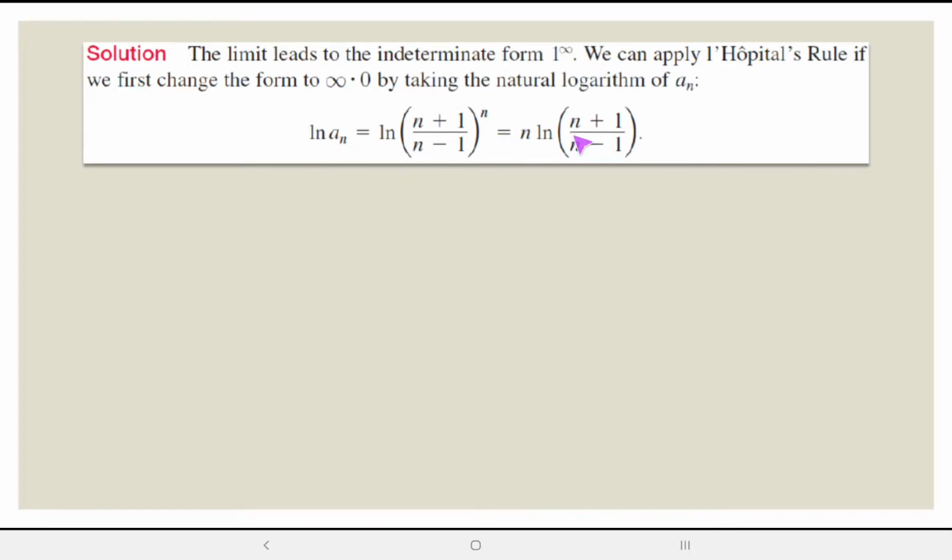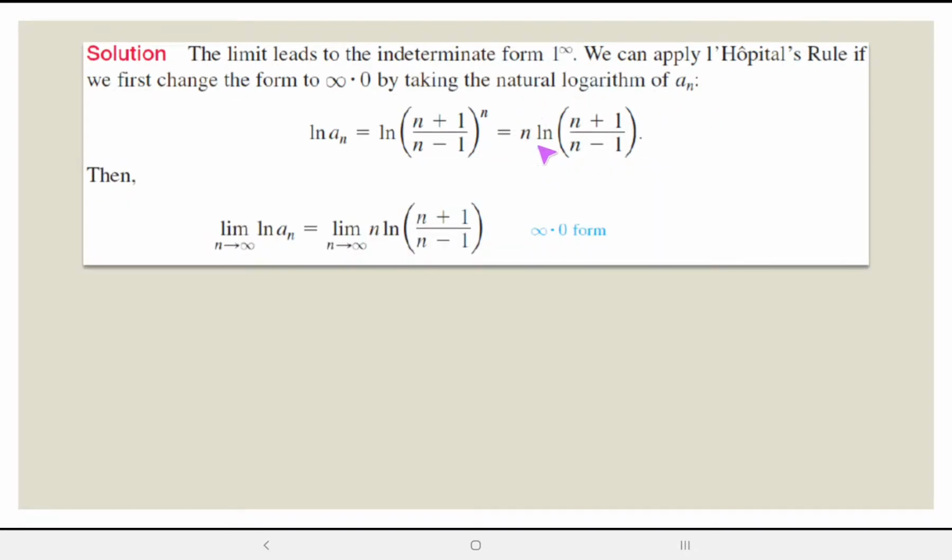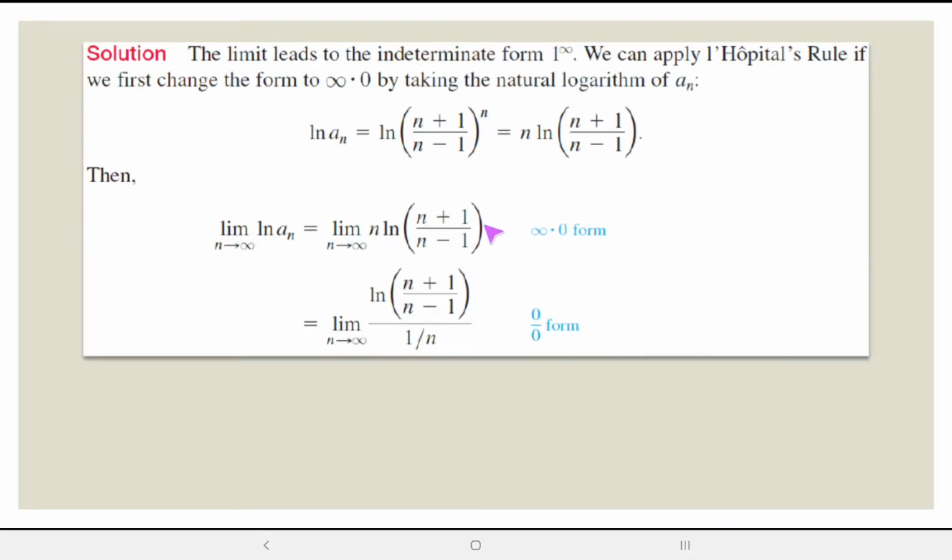Okay? Ngayon, yung limit na natin ay the limit of n is equal to infinity and this one approaches 0. Okay? So, meron na tayong this one approaches 0 and this one approaches infinity. Okay? So, pwede na natin gamitin yung L'Hopital's rule. Okay? So, ide-derive natin tong nasa taas. Okay?